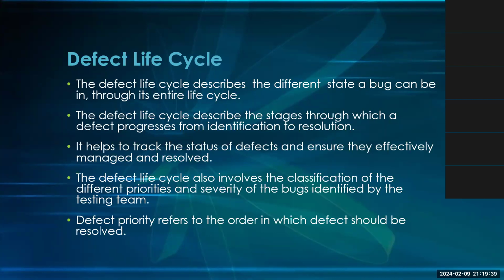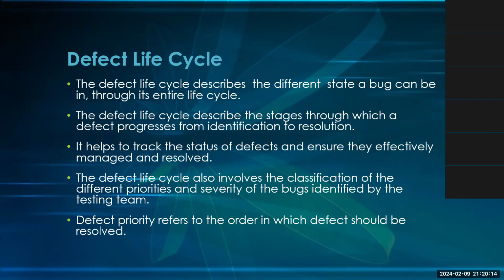The defect life cycle describes the stages through which a defect progresses from identification to resolution. Because from there it has to get to a solution. But before you get there, it goes through different processes, so we'll get there. It helps to track the status of defects and ensure they are effectively managed and resolved.